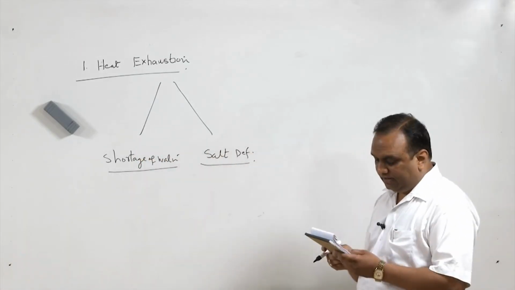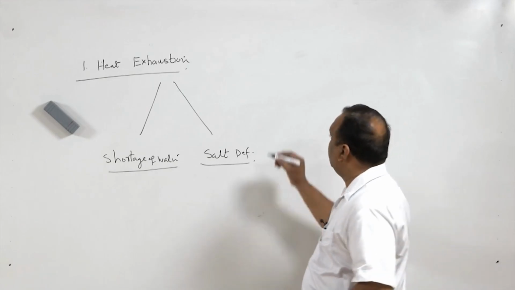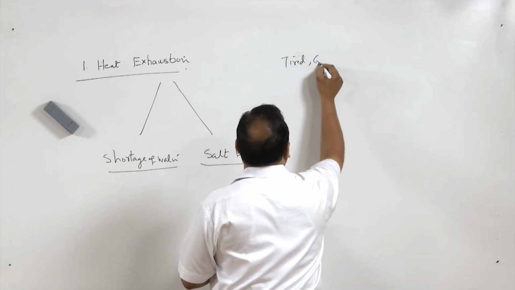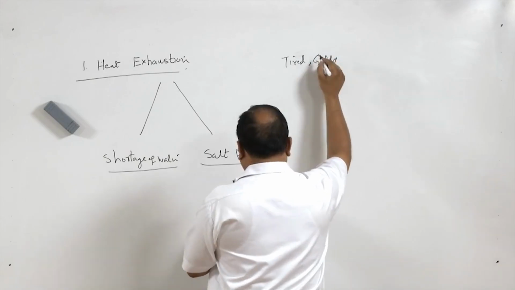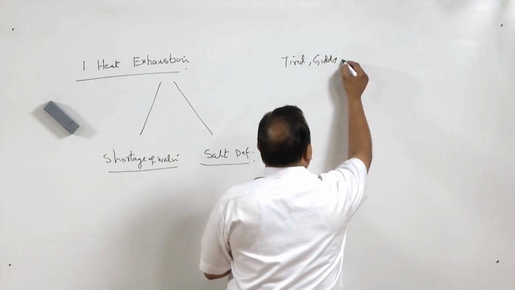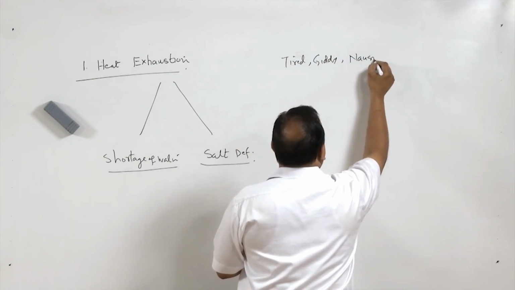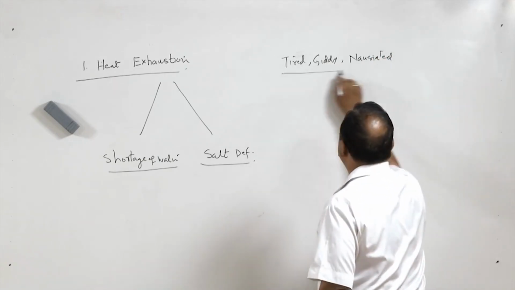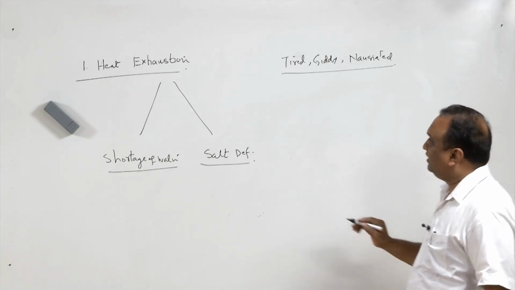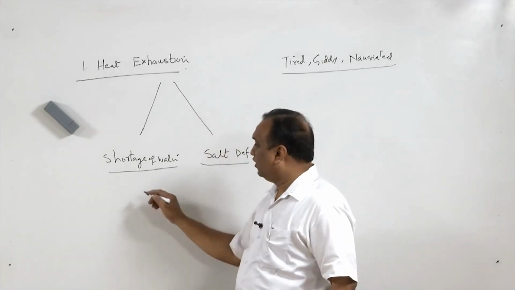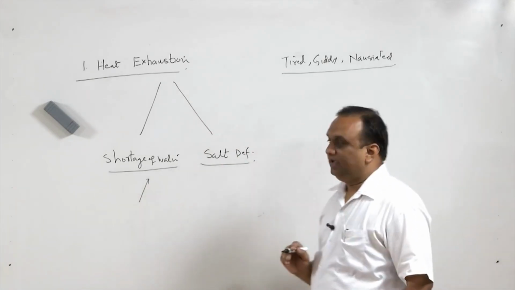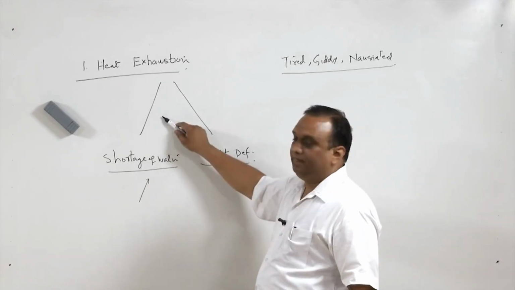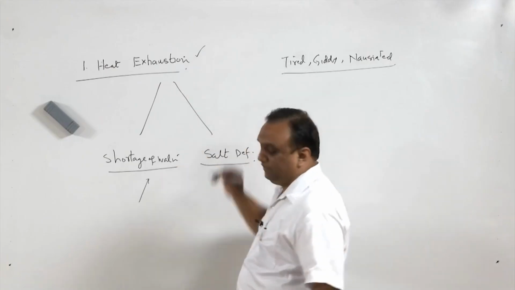Now, in this heat exhaustion, the person feels tired, giddy, nauseated, and sometimes chilly also. These symptoms are there when there is heat exhaustion, and the best thing is to give water to the patient. If proper supply of water to the patient is made, this problem can be avoided.